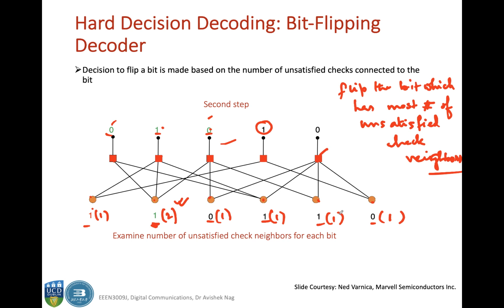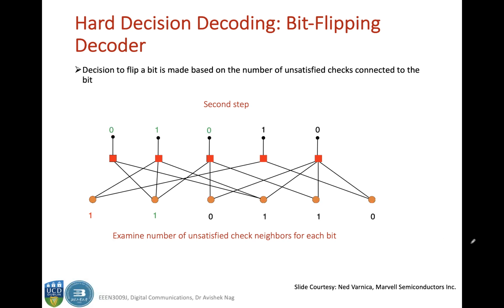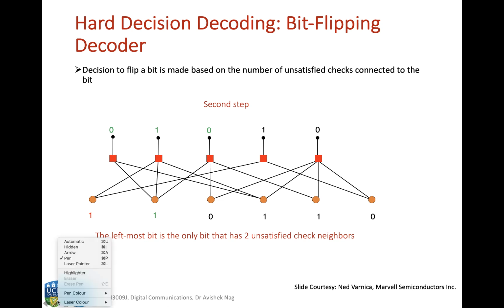So let me erase the pen here. Now let's do the step again. After the first step, the leftmost bit will have the most number of unsatisfied check neighbors.